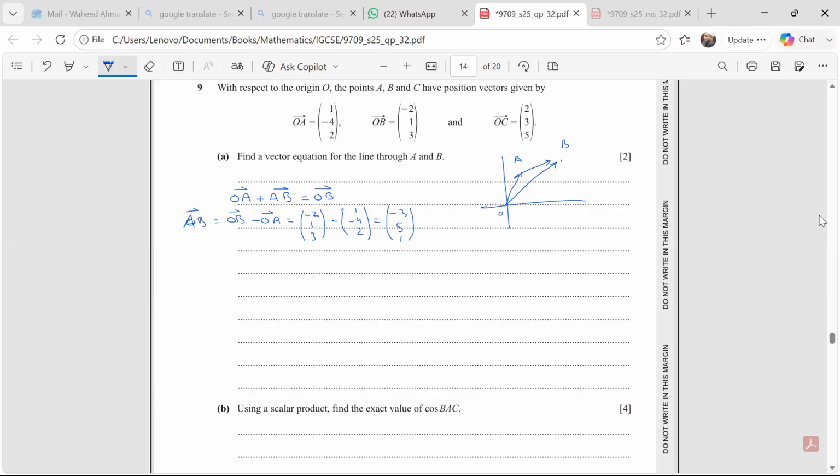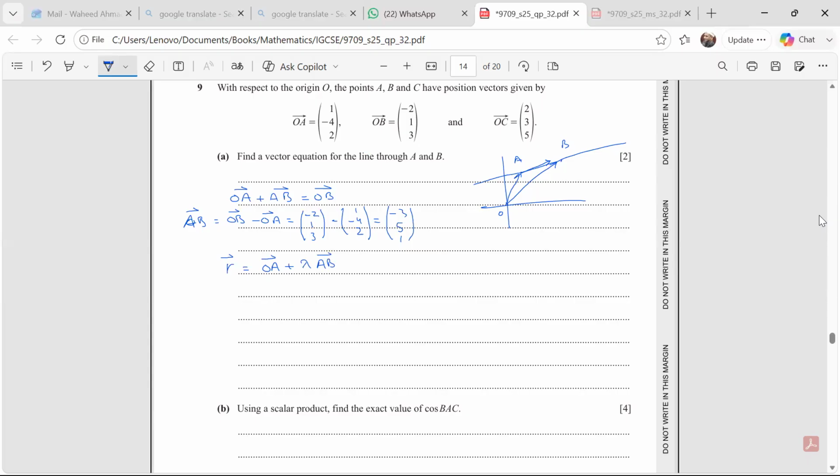Okay, now imagine all the points on this line. How can I write the position vector of any one of them? That position vector is the position vector of A, so OA, plus some constant times AB.